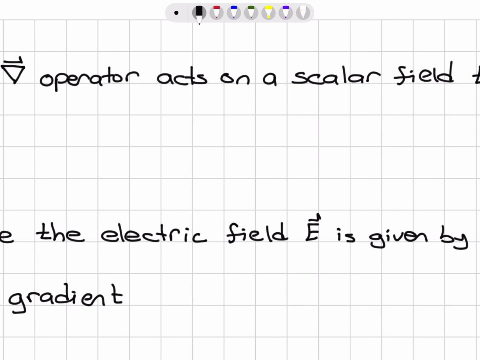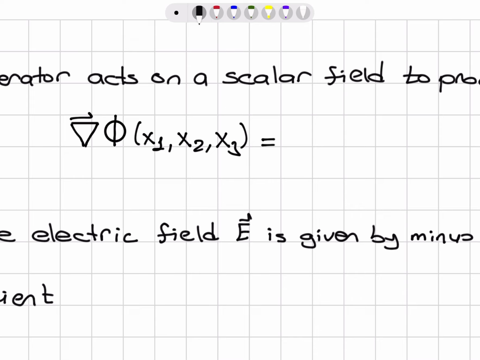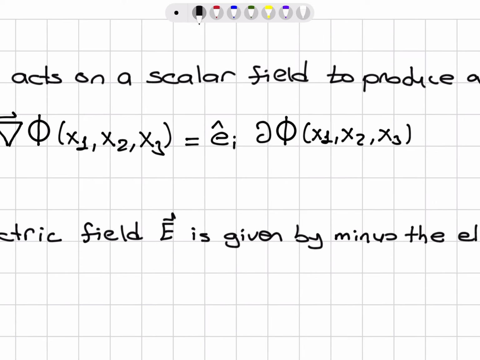For example, the del operator acting on this scalar field phi, which is position dependent, x1, x2, and x3, this will be ei hat, the partial derivative of phi as a function of the coordinates x1, x2, and x3 with respect to xi. And notice that we have the i index repeated, so this is actually a summation.